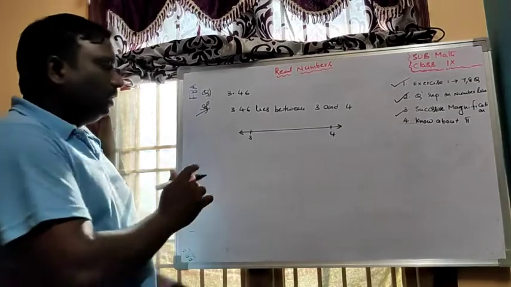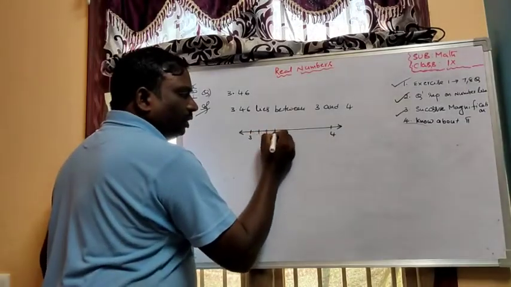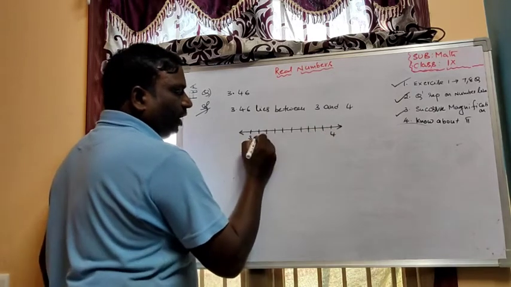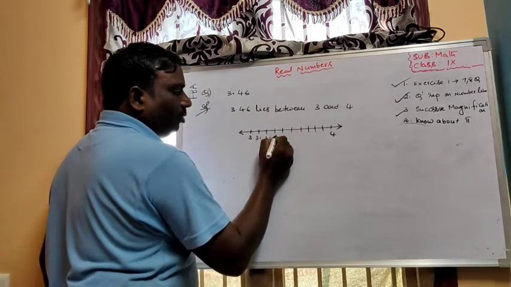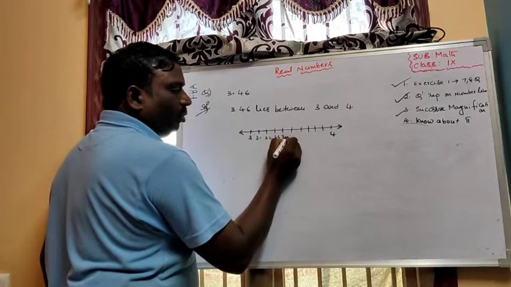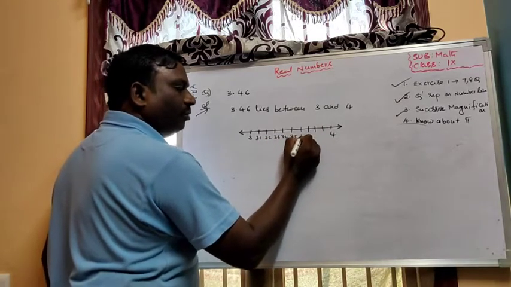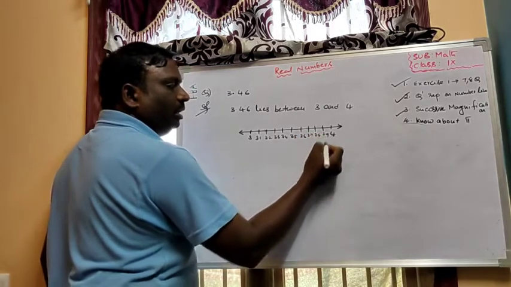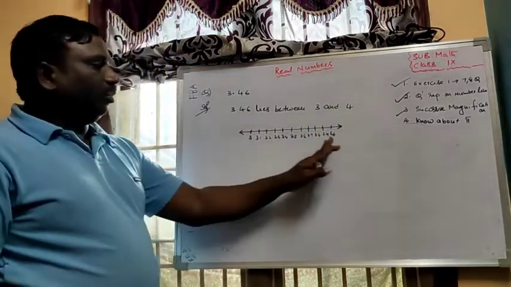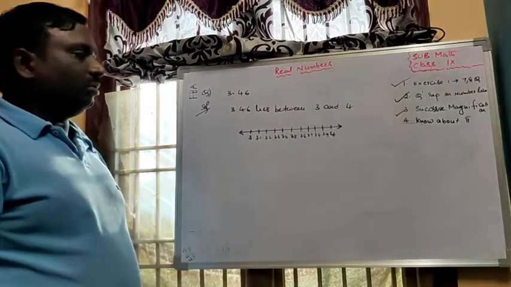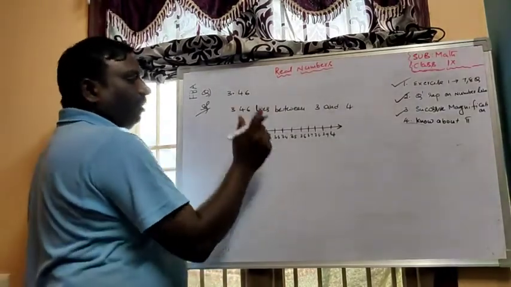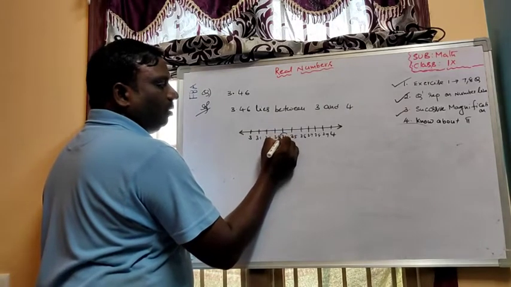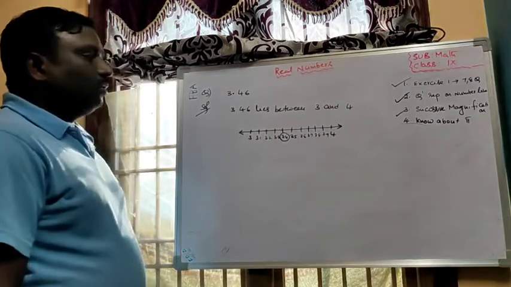Always 10 equal parts. So 1, 2, 3, 4, 5, 6, 7, 8, 9, 10. 3.1, 3.2, 3.3, 3.4, 3.5, 3.6, 3.7, 3.8, 3.9. There is no 3.10; 3.10 is nothing but 4. We need to get 3.4. Where is 3.4? Here it is.